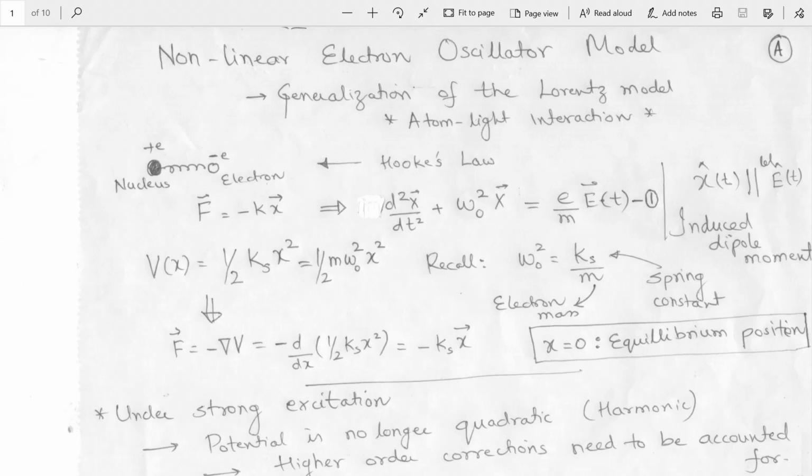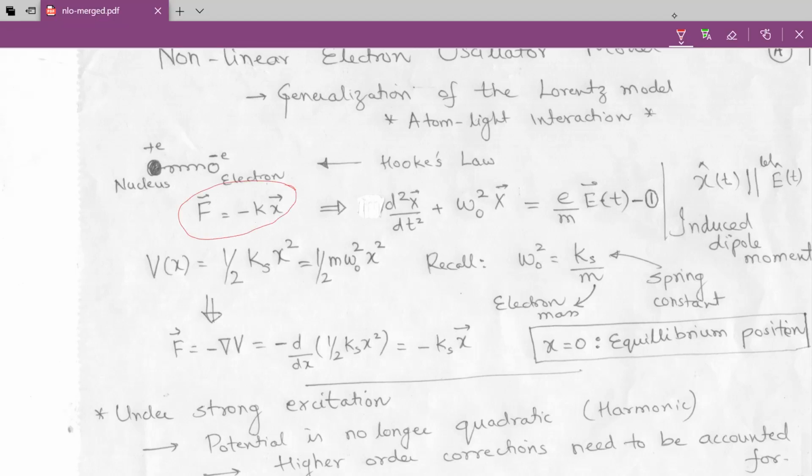So what it generates is an induced dipole moment, which is basically moving the electron away from its equilibrium position. And such an interaction leads to, from the atom itself, a restoring force which tries to bring the electron back to its equilibrium position. Such a force is what is indicated here.